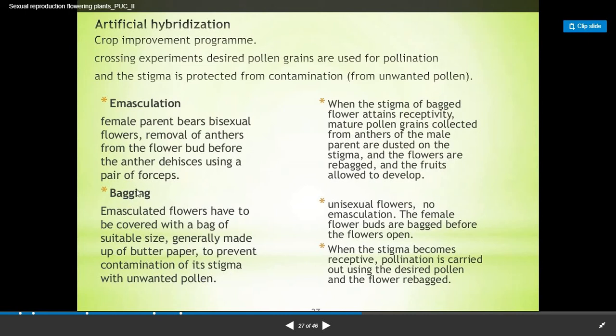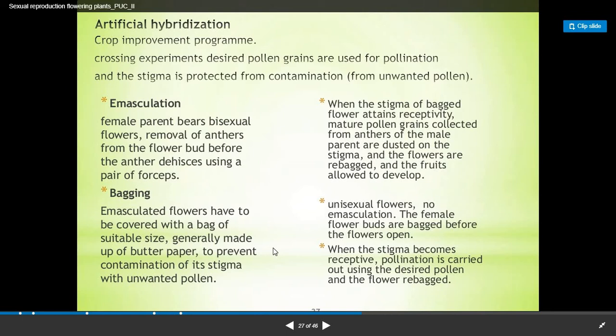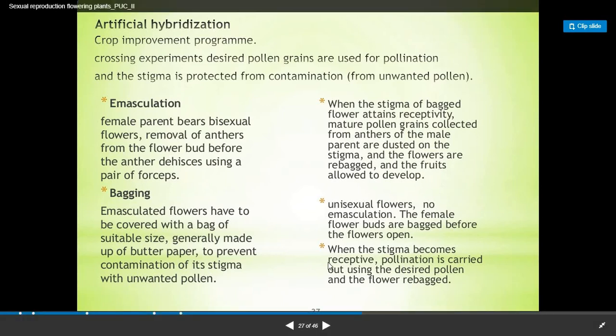So once the anthers are removed, the female part is covered with butter paper, which is known as bagging, so that unwanted pollen does not arrive on the stigma surface. With these two techniques we can get the desired pollination and desired plants, which helps in creating plants with better characteristics.